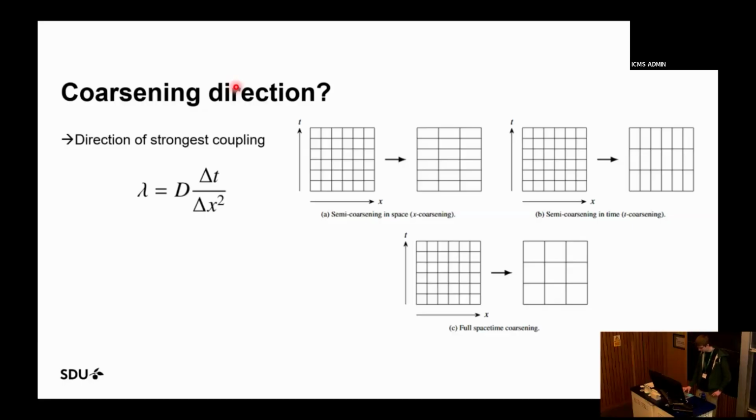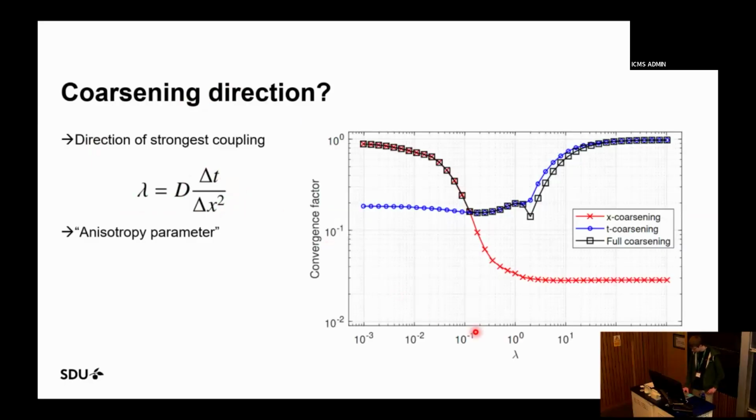determined by this parameter, which we call lambda, and it is equal to the diffusivity times the time step divided by the spatial step squared. Now, this parameter has several names, but I choose to call it the anisotropy parameter. And here you can see how this parameter dictates the optimal coarsening rule.